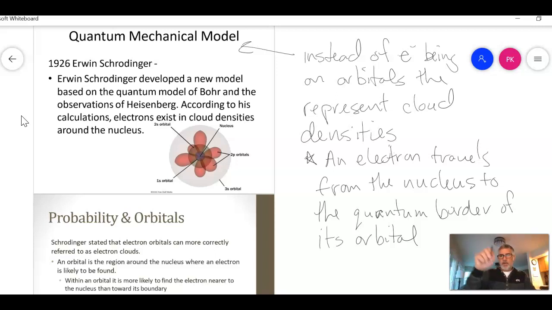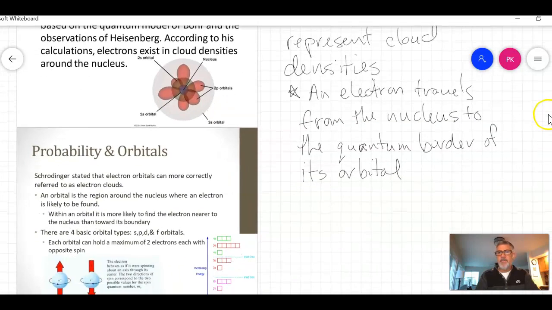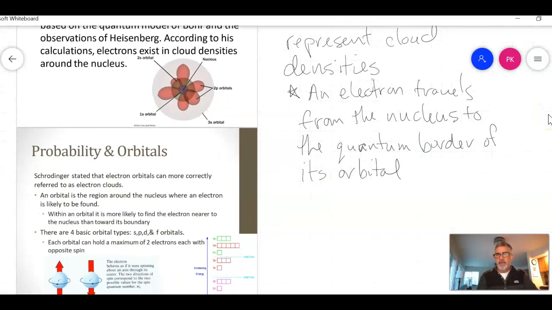So the electron is always moving in the nucleus, but the limit of how far it can travel away from the nucleus is defined by its quantum energy level.